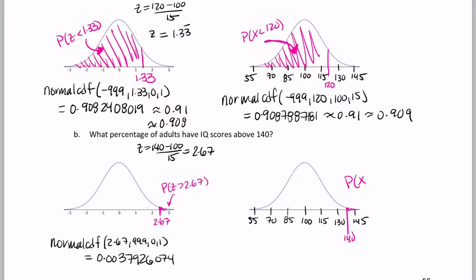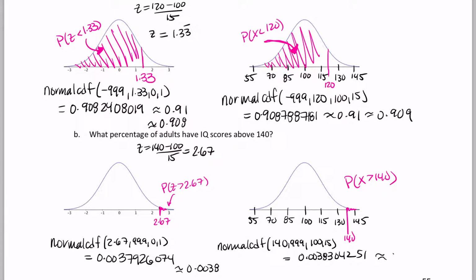On your calculator, you would enter. And in this case, if we round to 4 decimal places, we have identical answers.